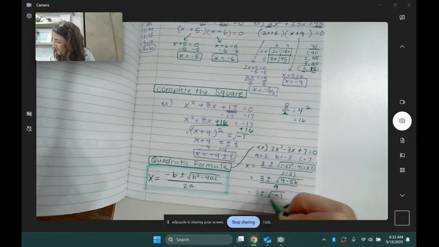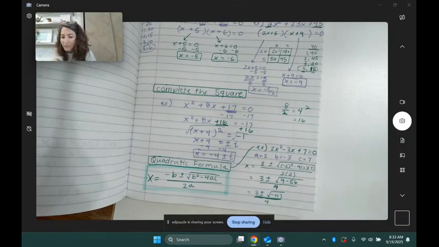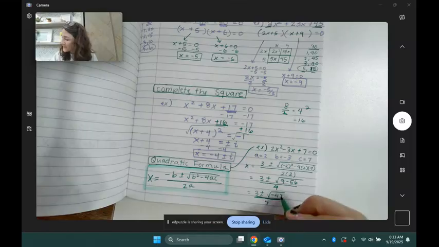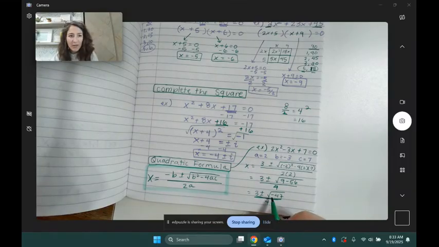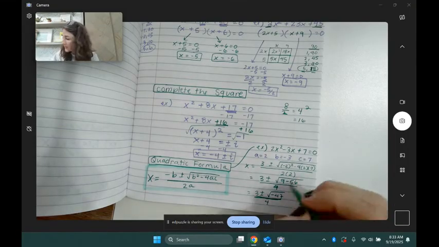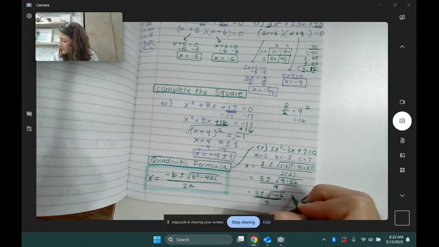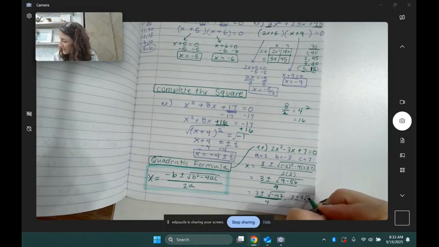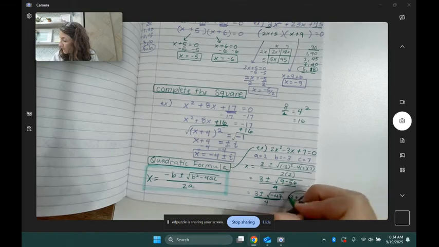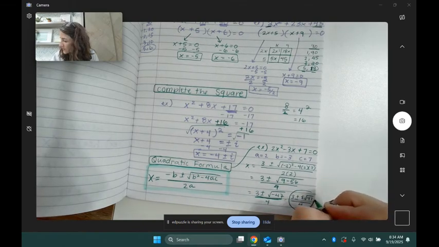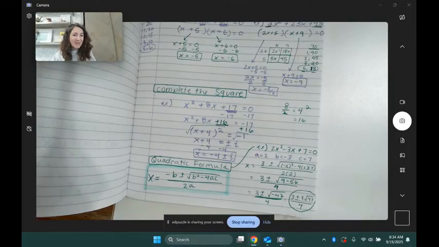Negative 47 all over 4. Only one really way to simplify this here. I can't leave this negative under the root, so I have to pull out the i, the imaginary. So my final answer here would be 3 plus or minus i times the square root of 47 all over 4. See, quite yucky. So that would be quite difficult to do a complete the square with.